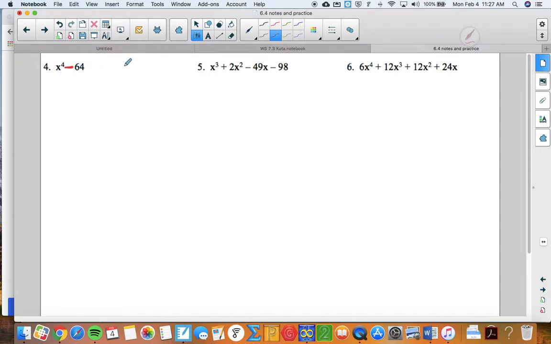So I'm going to try square rooting. x squared gives me x to the 4th. And 8 squared gives me 64. So this can be broken down into the difference of squares. So I have x squared plus 8 and x squared minus 8.